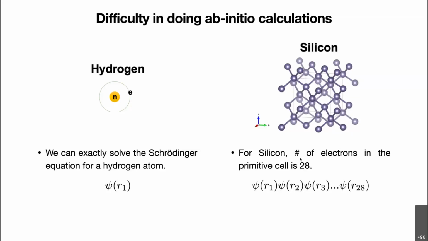Since one silicon atom has 14 electrons, there are 28 electrons in the primitive cell. Then to solve this system, we have to consider so many configurations. This becomes a very massive calculation, and practically, if you have just a laptop or desktop, it's going to be very challenging. So we need to develop some efficient method or use another way to solve the Schrödinger equation.